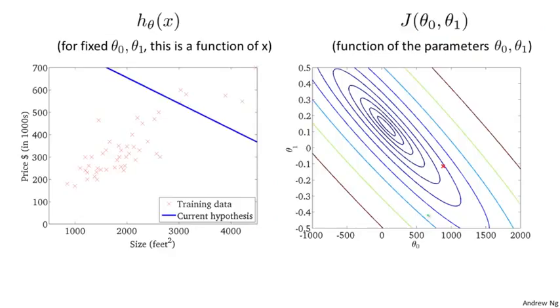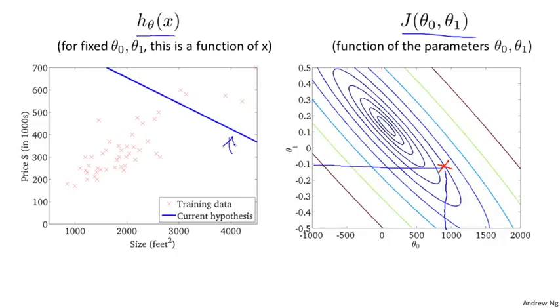So now let's see this algorithm in action. As usual, here are plots of the hypothesis function and of my cost function J. Let's say I've initialized my parameters at this value. Usually you initialize your parameters at 0, 0, theta 0 and theta 1 equal to 0. But for illustration, in this particular implementation of gradient descent, I've initialized theta 0 at about 900 and theta 1 at about minus 0.1.